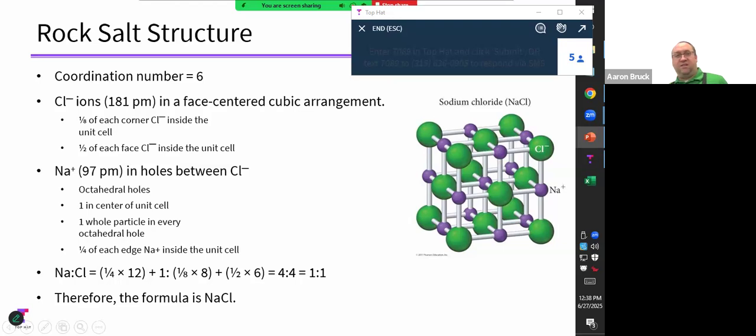And so that's represented here. This is the rock salt structure. Again, chlorides are in a face-centered cubic arrangement. So we have 4 chlorides per cell.